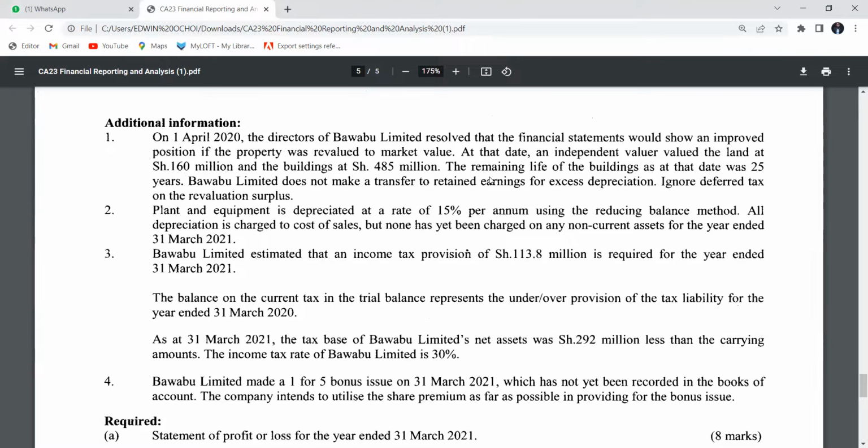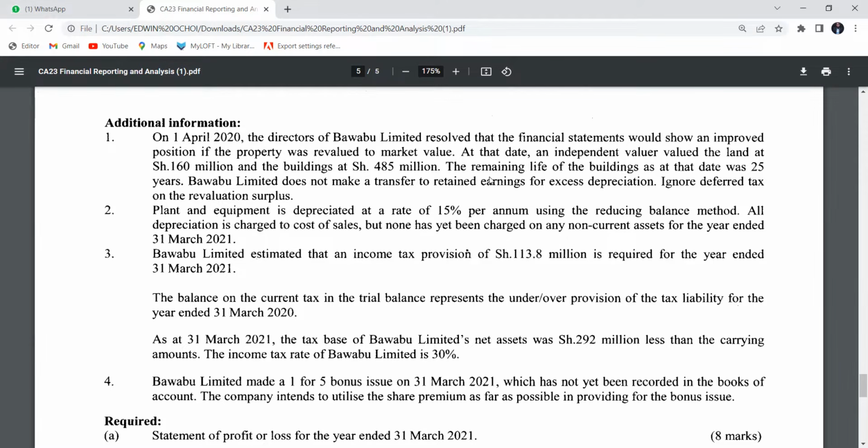At that date, an independent valuer valued the land at shillings 160 and the building at shillings 485. The remaining life of the buildings as at that date was 25 years. BAWAB Limited does not make a transfer to retained earnings for excess depreciation. Ignore deferred tax on the revaluation surplus.